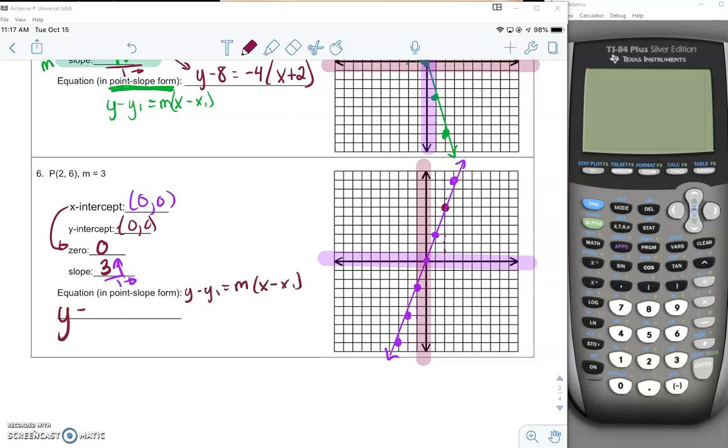So I'm going to use the x1 and y1 from my ordered pair, point P. So y minus 6 is equal to m, my slope, 3, times x minus x1 from that ordered pair I was given, x minus 2.